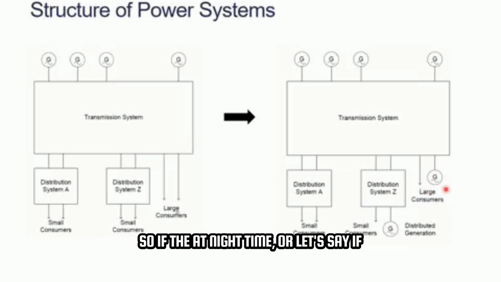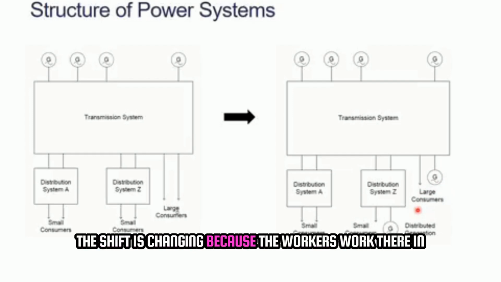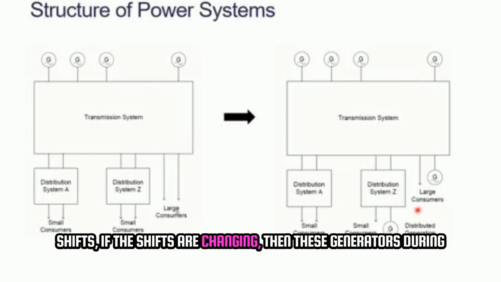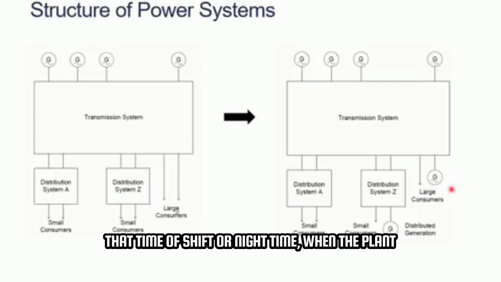If at night time, or if the shift is changing, because the workers work there in shifts, then during that time of shift change or night time, when the plant is closed, you do not need more power, only the lighting load and a few essential services which are working.